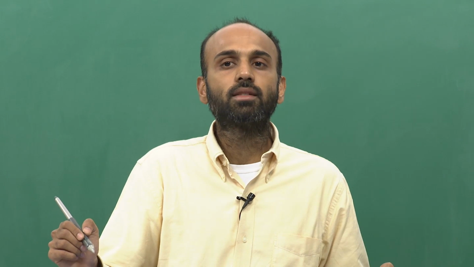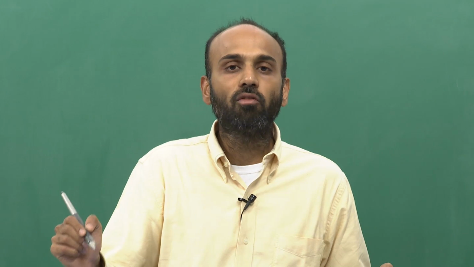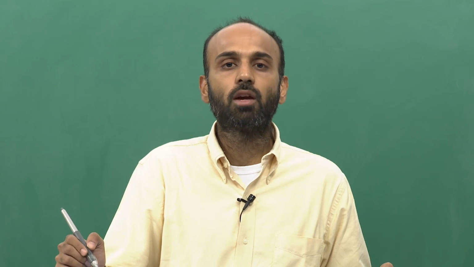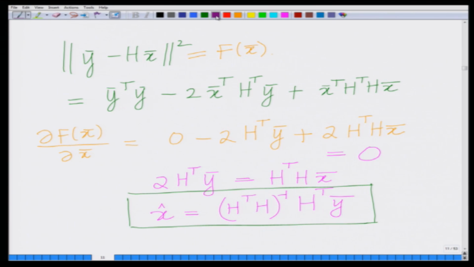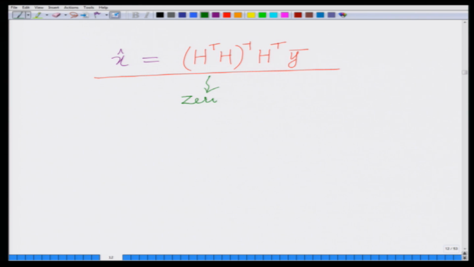This is also known as the least squares solution, which is basically our zero forcing MIMO receiver.